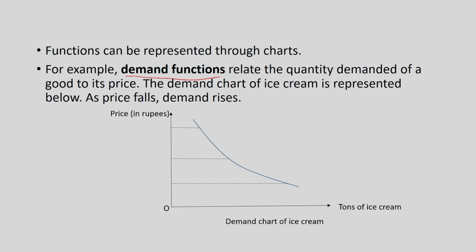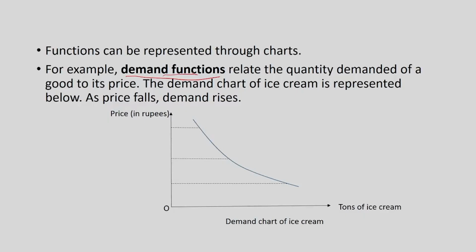Demand functions relate the quantity demanded of a good to its price. So, quantity demanded is a function of the price of the same good. By price, what I mean is the price per unit. For example, if you want to buy cold drinks, for example, Thums Up or Coca-Cola, then per bottle you have to pay, let us suppose, 20 rupees.